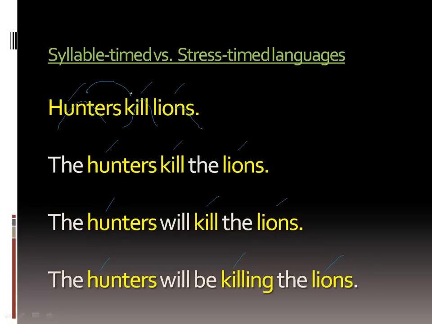So the spaces between the stresses are the same length. So you can have tons of function words in the middle. They get all squished together. So you can only imagine how difficult it must be for foreign people coming from a syllable timed language background to understand American speakers.